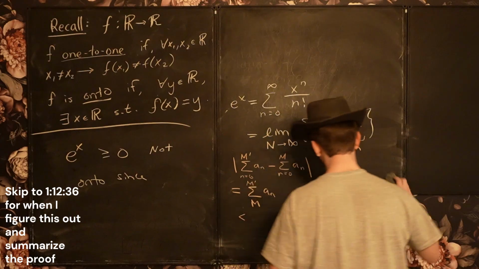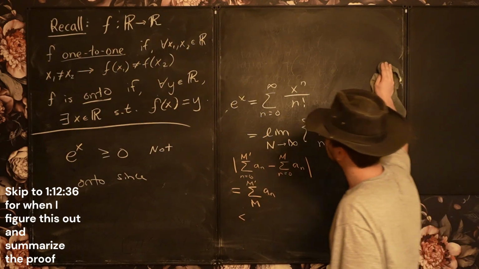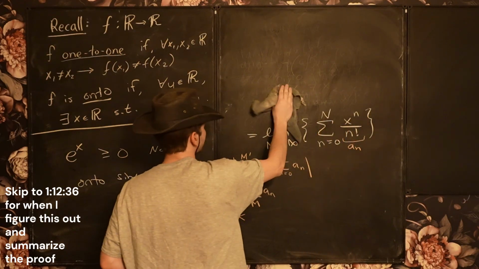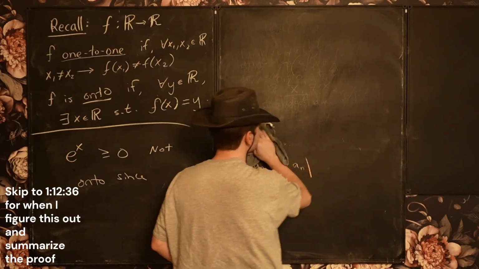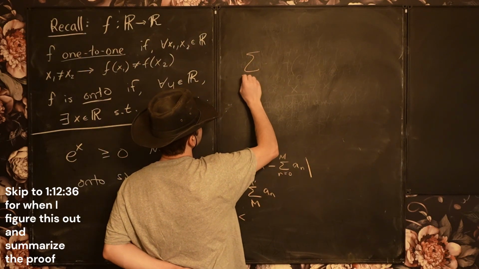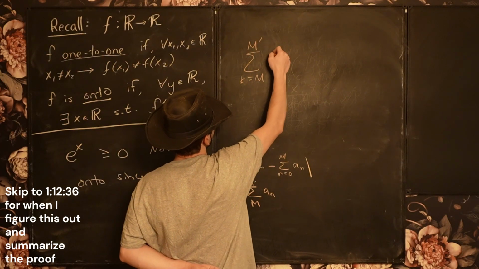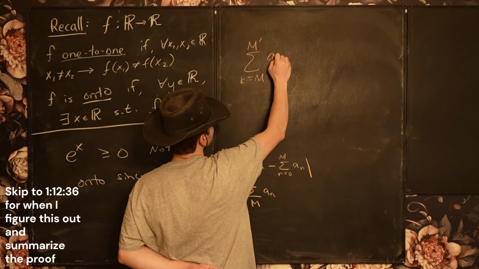Okay, wait, I think I can do this. Let's see. Summation, let's do k, k equals m to m prime of a to the k.